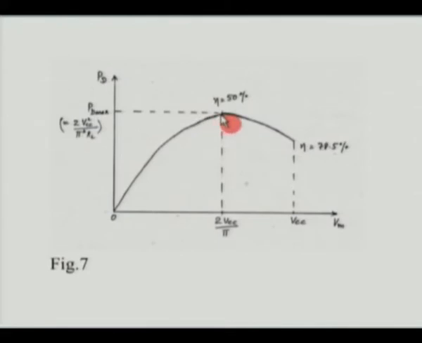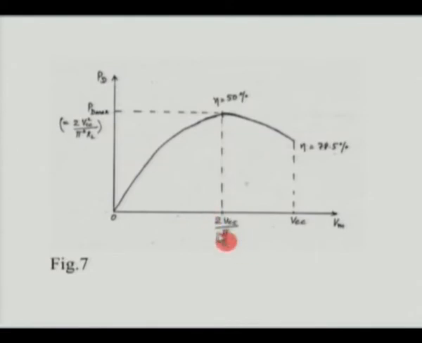and the peak power dissipation is actually twice VCC square by pi square RL there, and at that particular point the efficiency is only 50%, but even that is very high compared to a class A output stage. Now this happens when the input signal is twice VCC by pi.